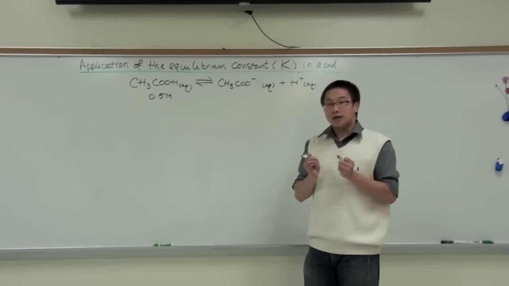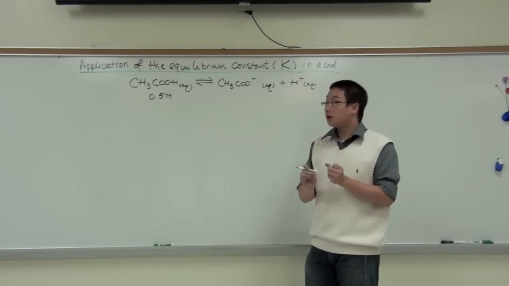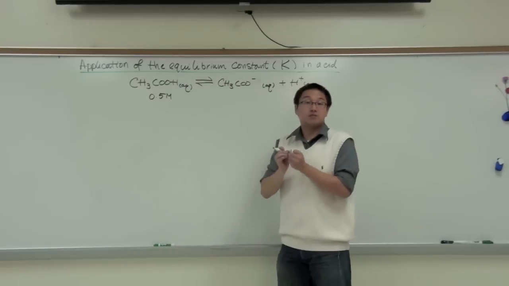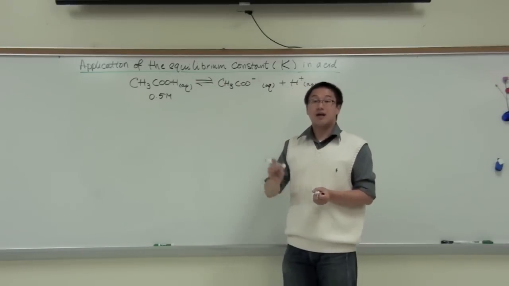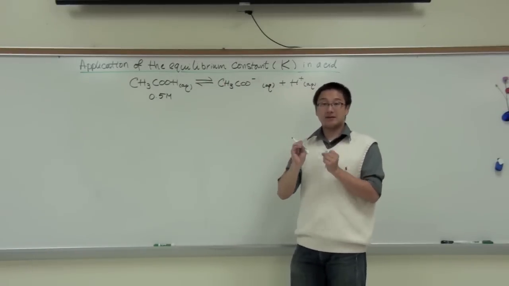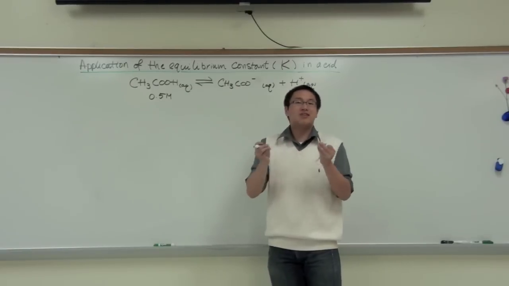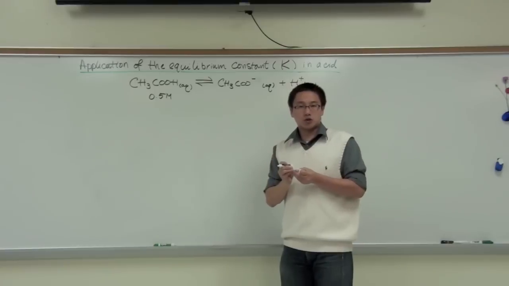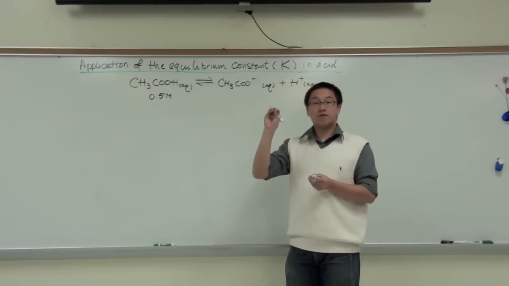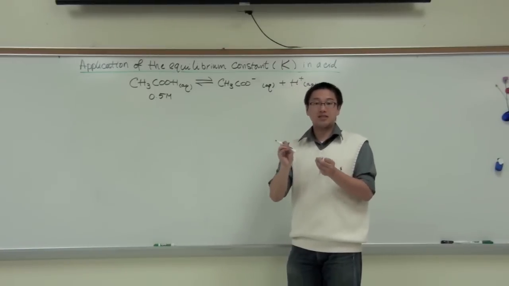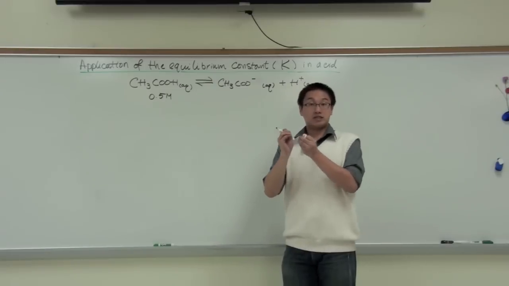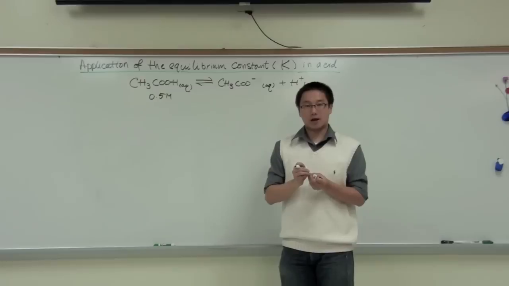But what we know is that at the very beginning, before the acid is dissociated into ions, this is definitely not at equilibrium. Because when we talk about the definition of equilibrium, we understand that it is when the rate of the forward reaction is the same as the rate of the backward reaction.